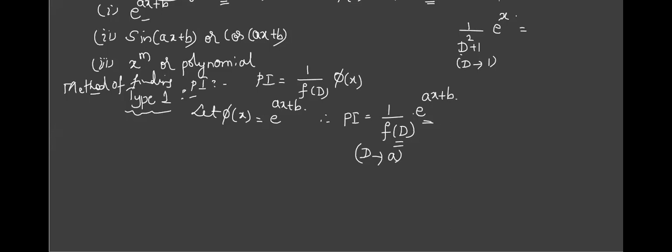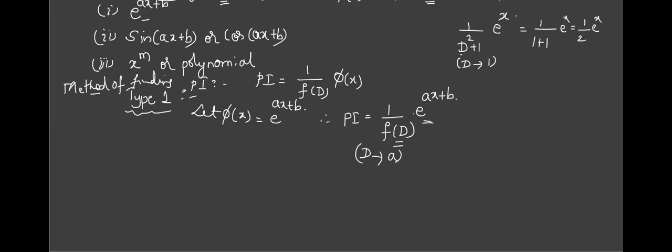If it was 2, you would have replaced it as 2 square. So D square plus 1 becomes 1 square plus 1. What is the answer? 1 by 2, into e raised to x.